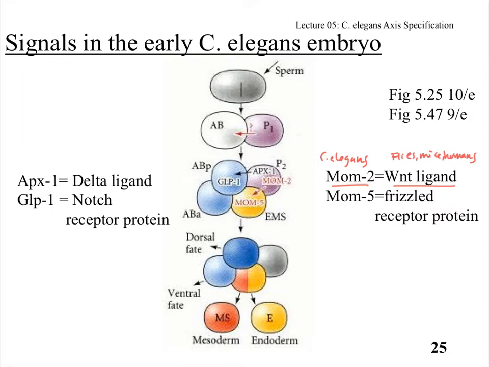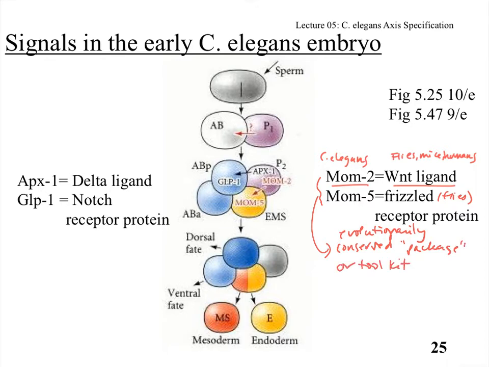We can really easily see the DNA and protein similarities across them. And so kind of the point of this is to say this is an evolutionarily conserved package or toolkit for different cell fates.